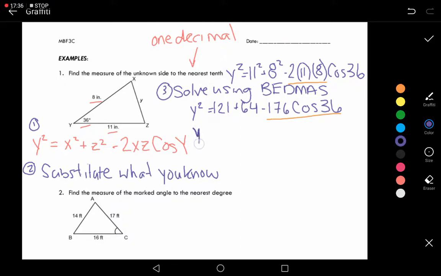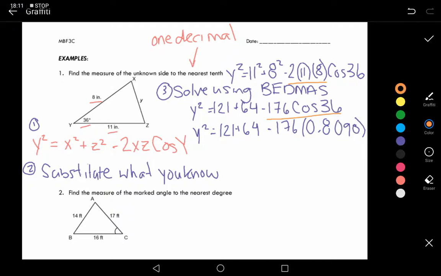Okay, so our next line, y squared, you could add these two things together, but just for the sake of BEDMAS, we'll just leave them for now. So negative 176. On your calculator, again, you should know how to use it. You're either going to type cos and then 36 or 36 cos. You are going to get, let me just double check, cos 36, 0.8090.